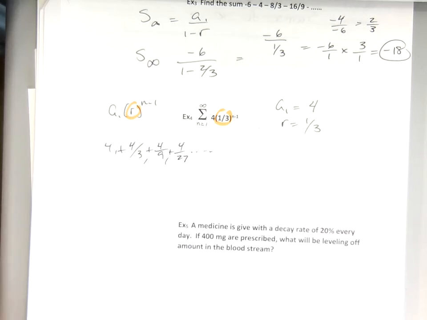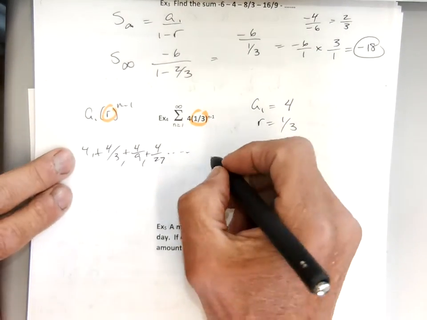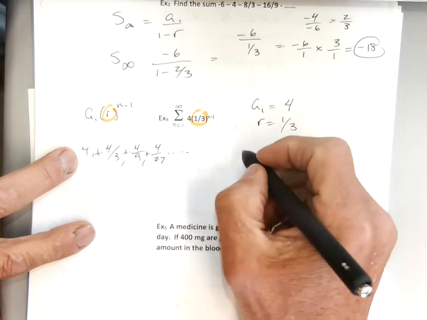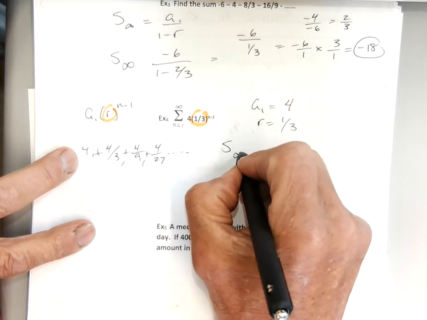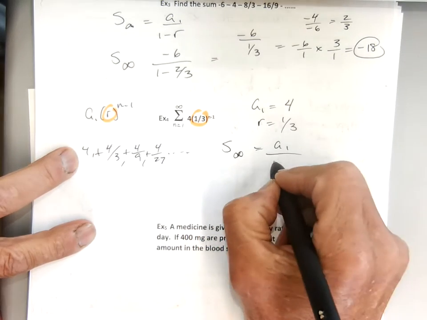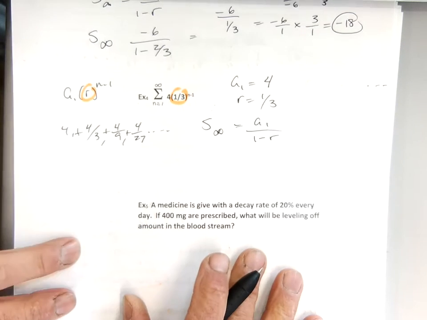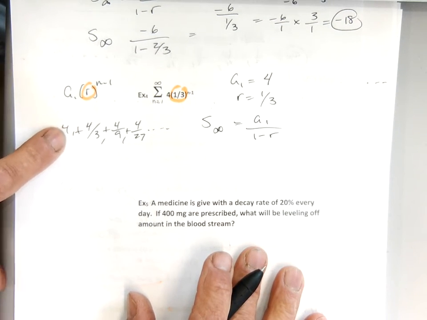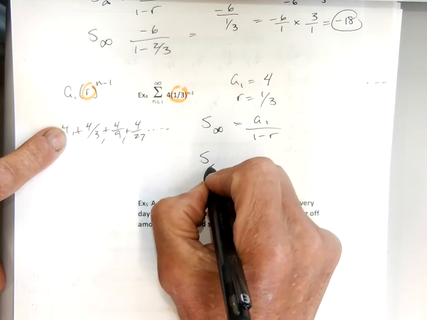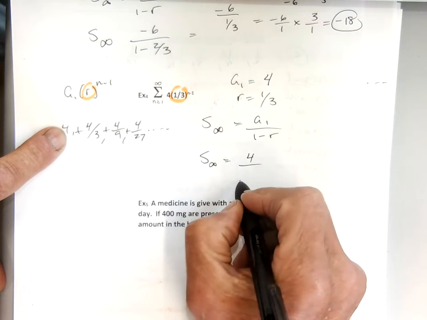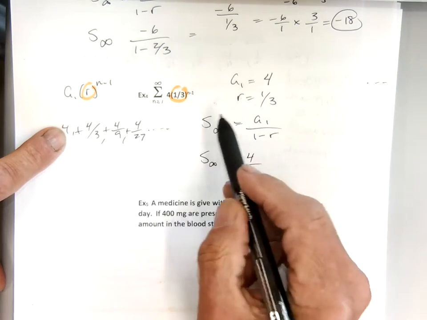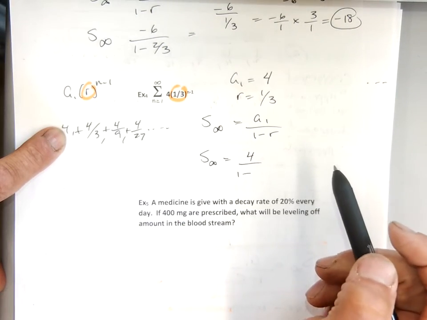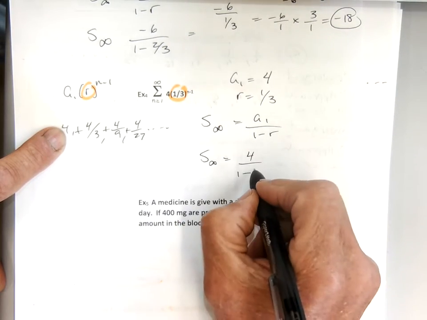Okay, all right. So I'm going to use my S of infinity formula, A1 over 1 minus R, okay? Well, A1 is 4. So S of infinity is 4 over 1 minus my multiplier, which is 1/3.